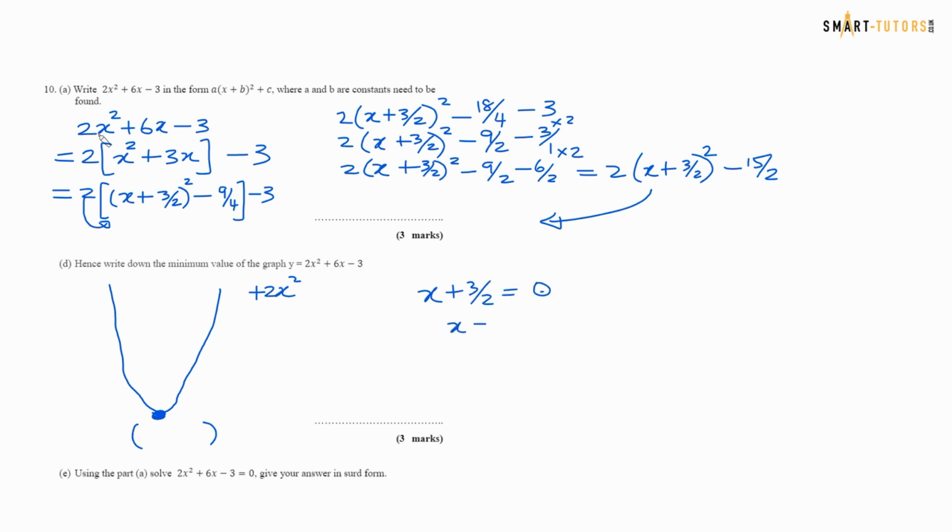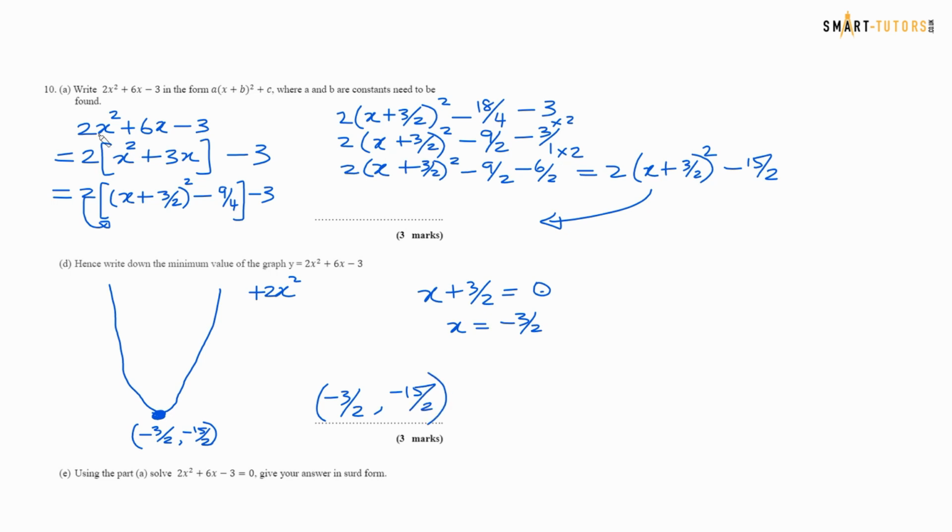You will get the x coordinate as minus 3 over 2. So the answer is minus 3 over 2 is the x coordinate and minus 15 over 2 is the y coordinate. So the answer for that question is (minus 3 over 2, minus 15 over 2).